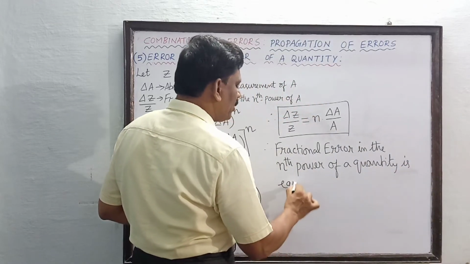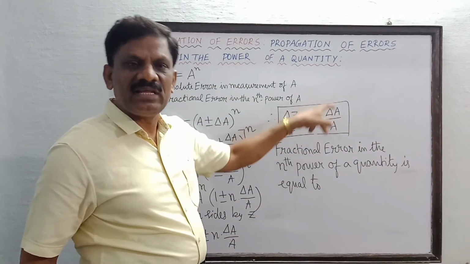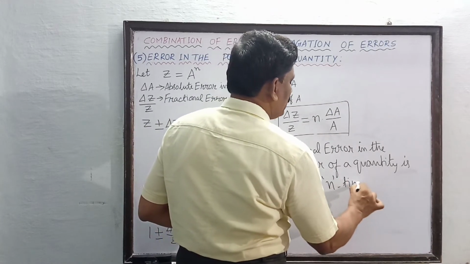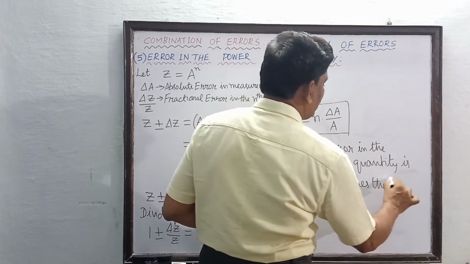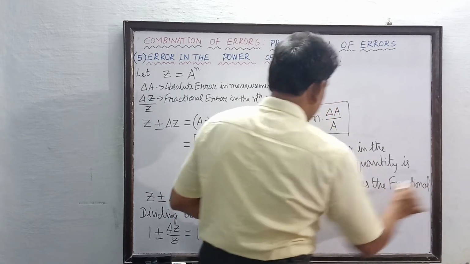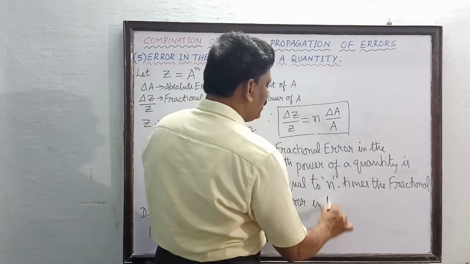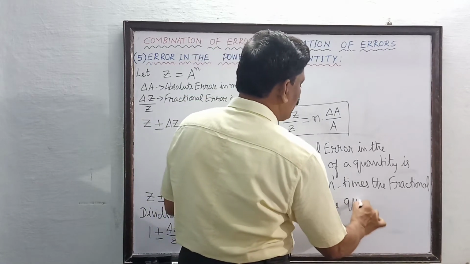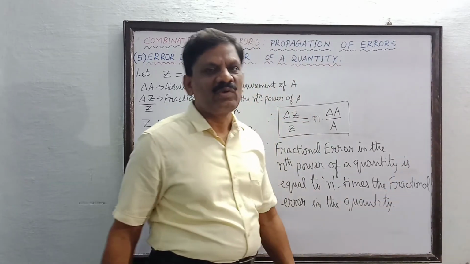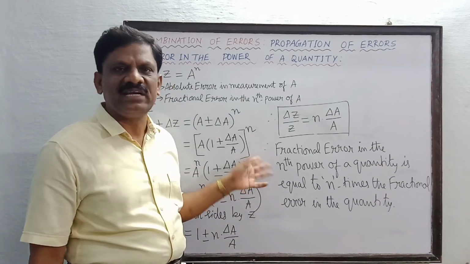It is equal to n times the fractional error in the measured quantity. The physical quantity is A. Have you all understood the rule? Now shall we see one example for understanding this?